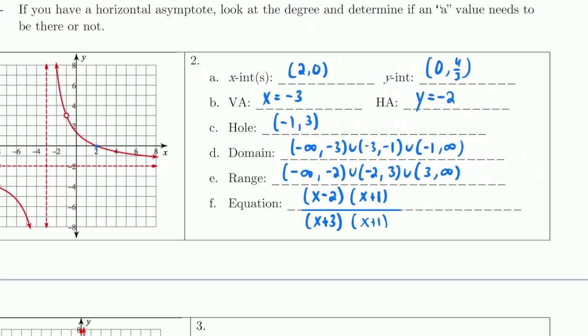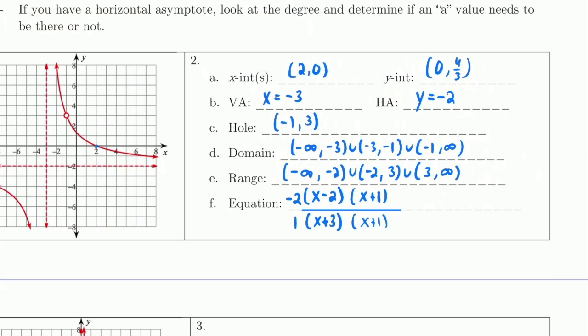And remember, we get that by looking at the degrees. If I have a horizontal asymptote that's not 0, that means I must have had the same degree on the numerator and denominator. So it has to be some sort of ratio. That means I'll have to have a -2 on the top and 1 on the bottom, because the ratio of -2 over 1 would give me a horizontal asymptote of negative 2.